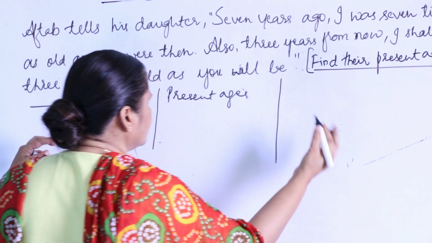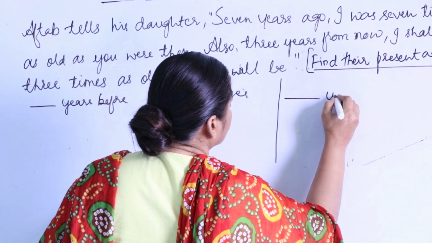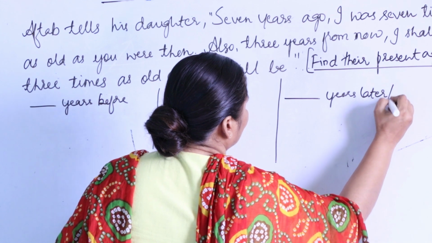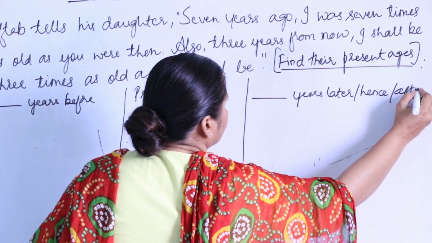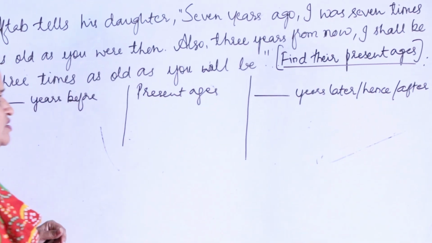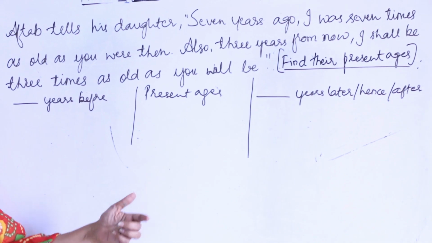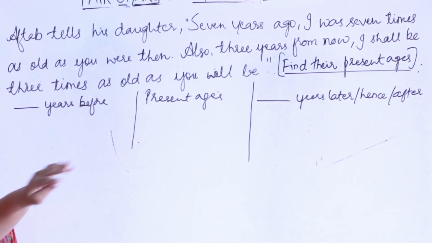And then whether you use it or not, have 3 columns compulsorily. Dash years later, or sometimes there will be hence, after. These kind of words will be used: 3 years later, after 3 years, 3 years hence, later. That means all mean the same, after.